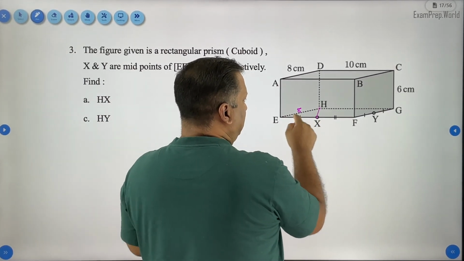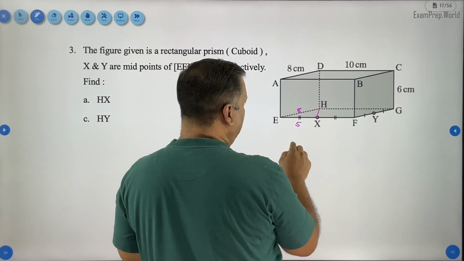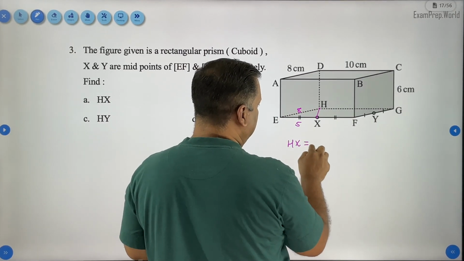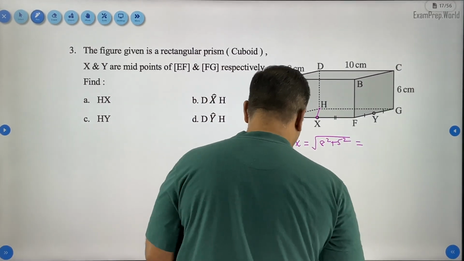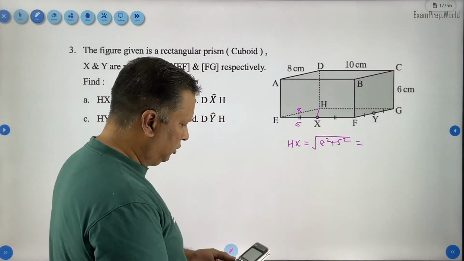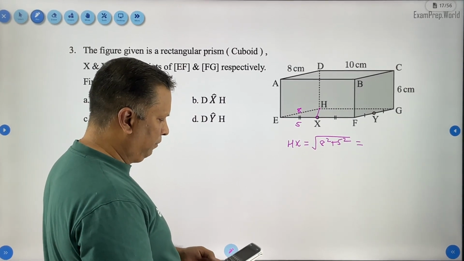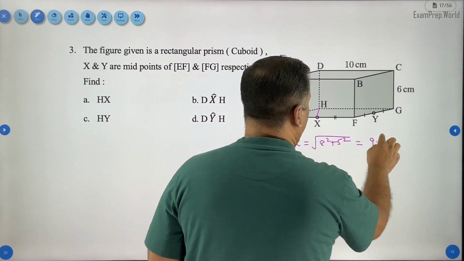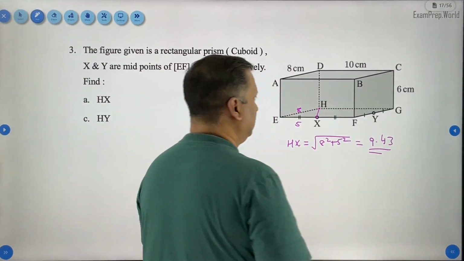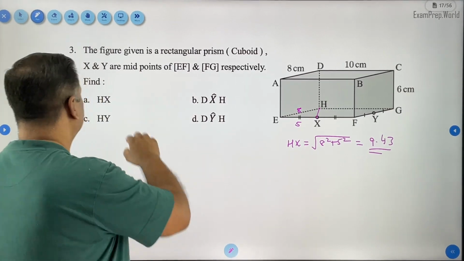Now, we know that inside this is a 90 degrees. So HX equals root of 8 square plus 5 square. Directly you can use Pythagoras theorem. So, it is root of 64 plus 25, root 89, which is 9.43. Understanding, right? HX is done.